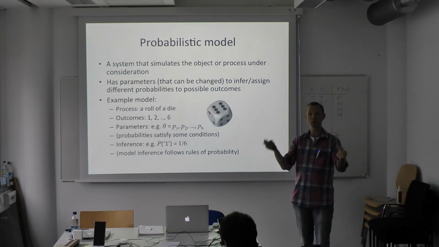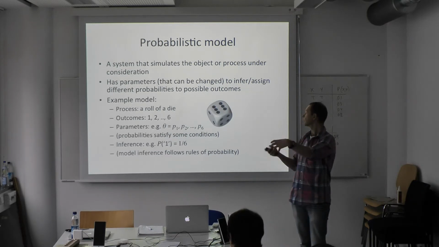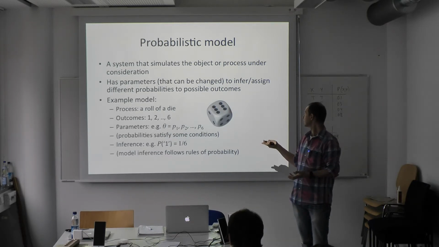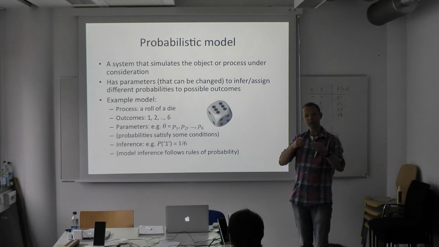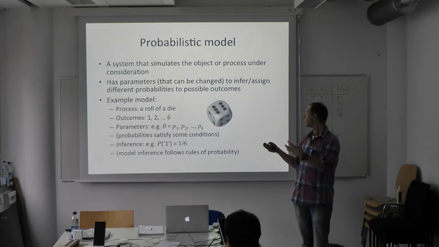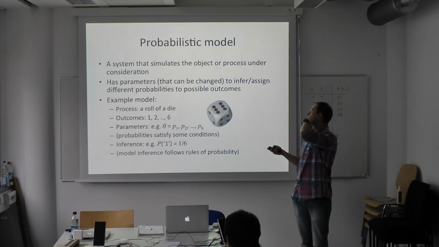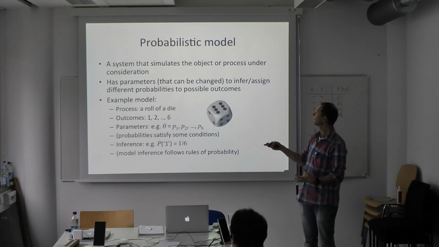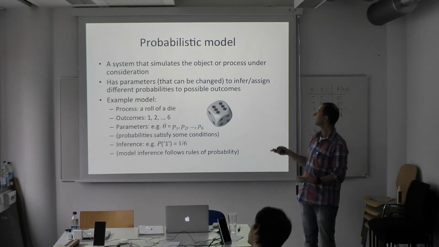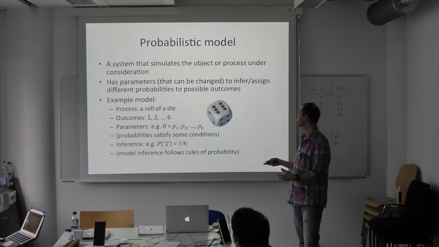We need to say something about the nature of that outcome, whether it's just a number on a continuous scale or whether it's a discrete thing, such as seeing a 6 on the die. And then we find the parameters, which would help our model to make predictions, or to encapsulate the process of interest, to simulate it. We'll refer to them as theta here, as a group of parameters.